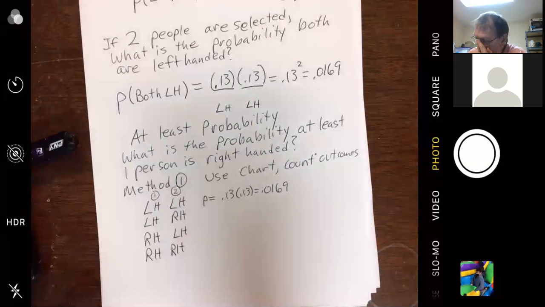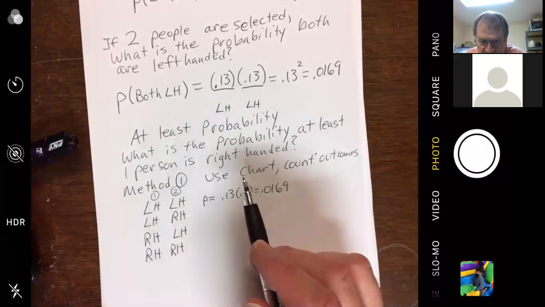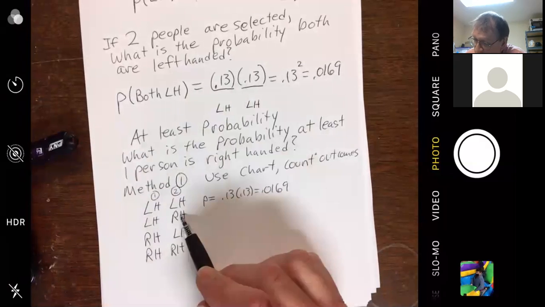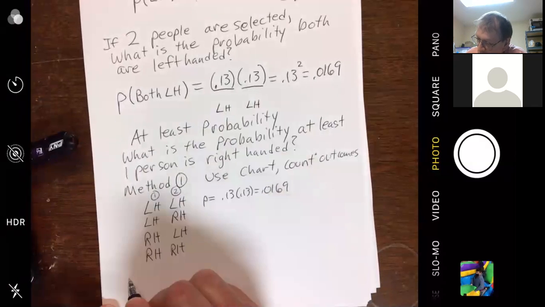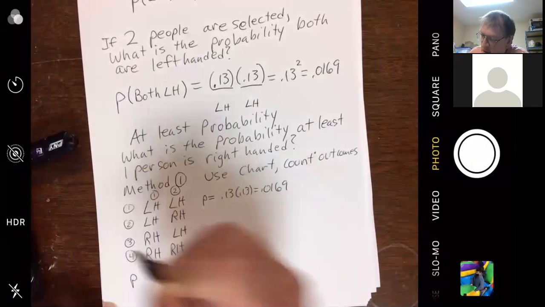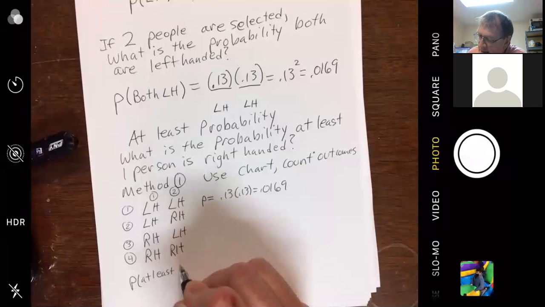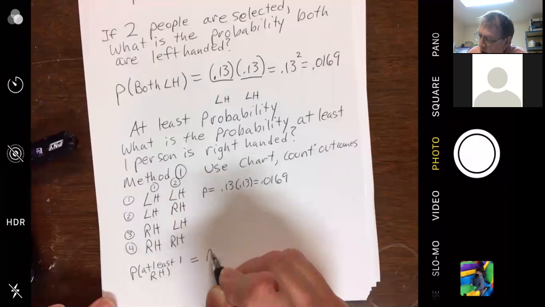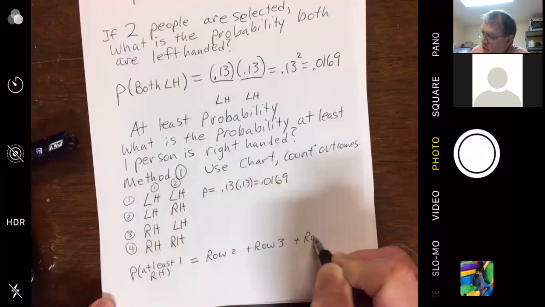Okay, but this at least one right-handed, how many rows have at least one right-handed? 3. The last three. So here's the long way. I'll number the rows, 3 and 4. The probability at least one right-handed will be row 2 plus row 3 plus row 4.